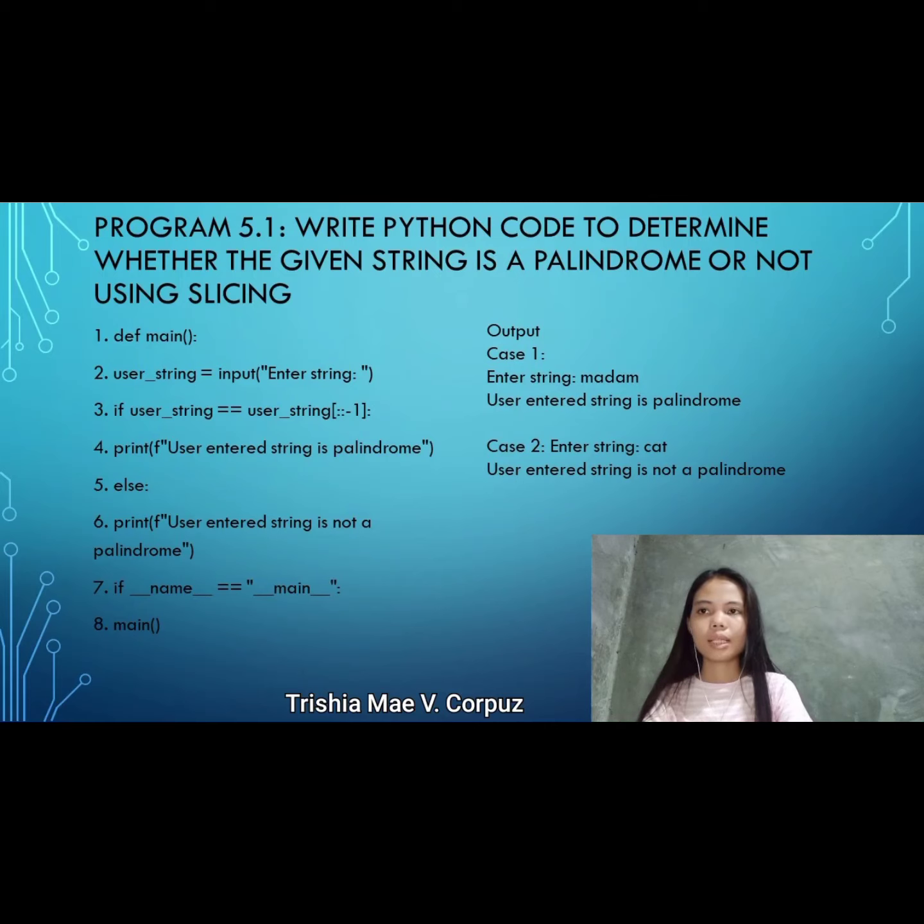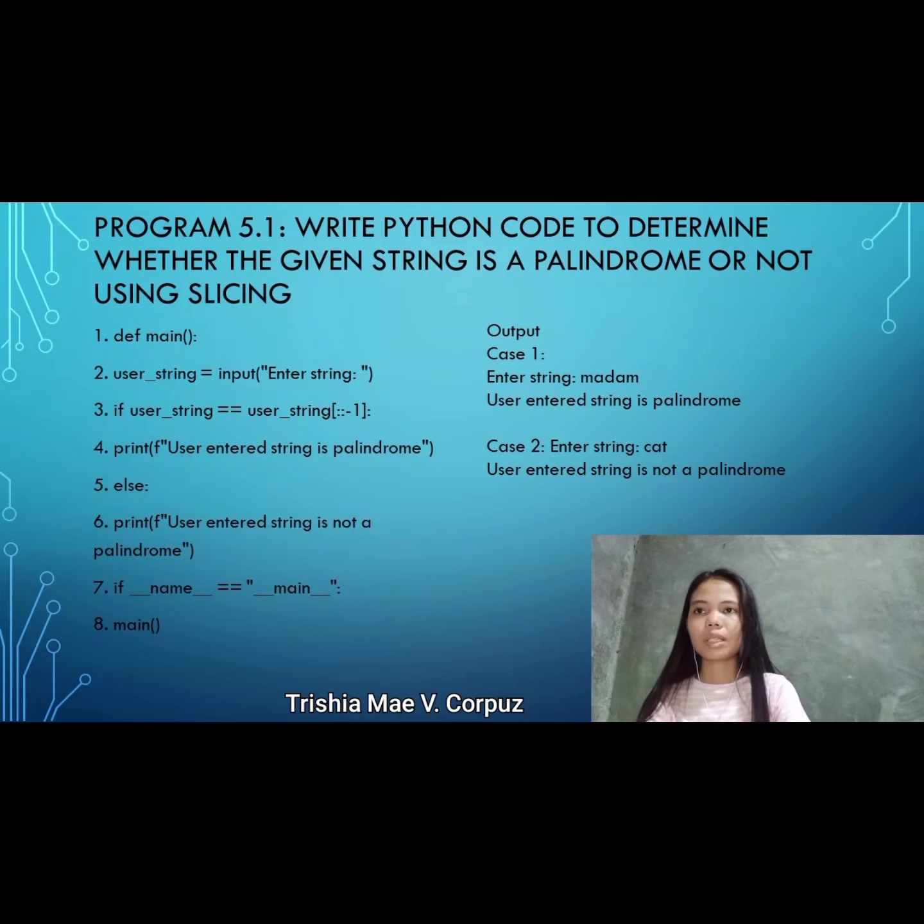Pag both ay equal, then i-display niya na palindrome ito. Pag hindi naman, i-display niya user entered string is not a palindrome. Kumbaga for example ito, nag-enter ka ng madam, ang i-display niya ay user entered string is palindrome kasi na-identify niya na palindrome talaga ito.